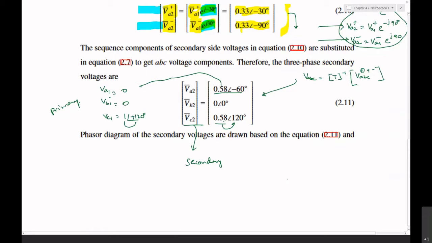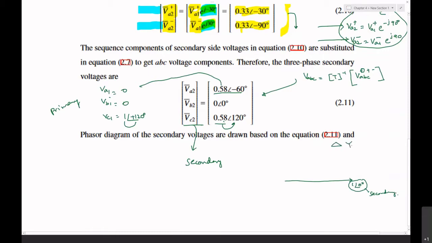The pre-sag voltage of VA1 may be 1 per unit on the secondary side; this is the reference I'm taking. It is not 1 at an angle of 0 with the secondary voltage as reference, because now it is a D by 1 transformer.